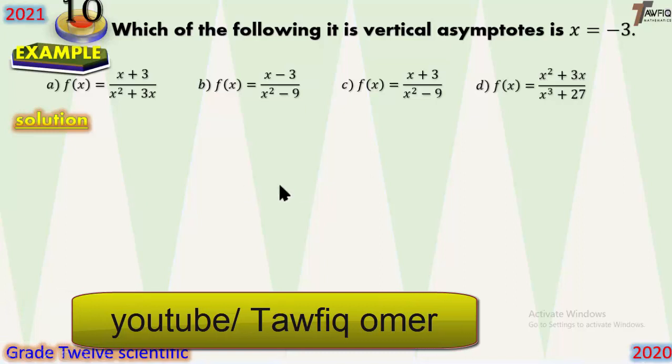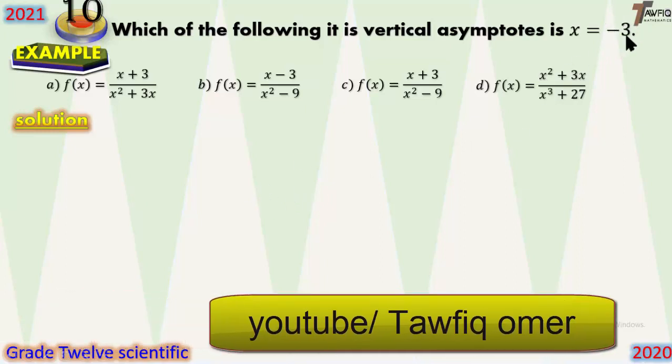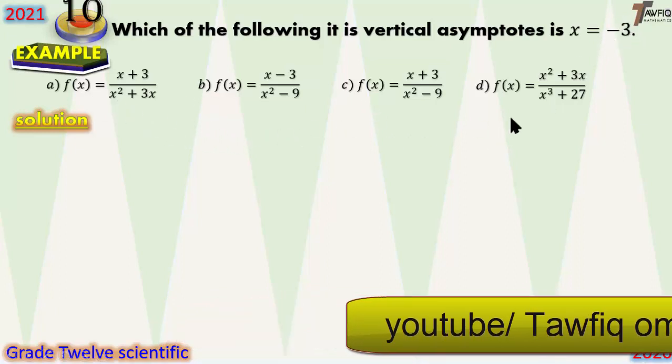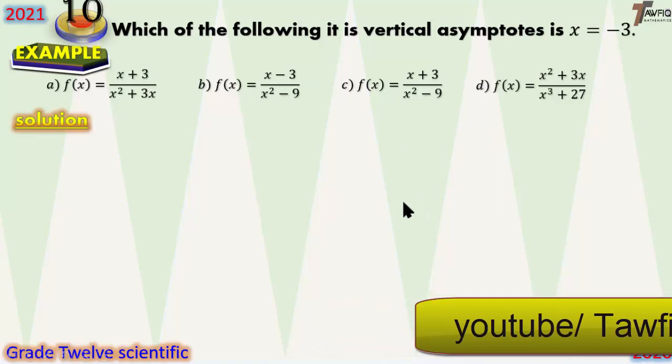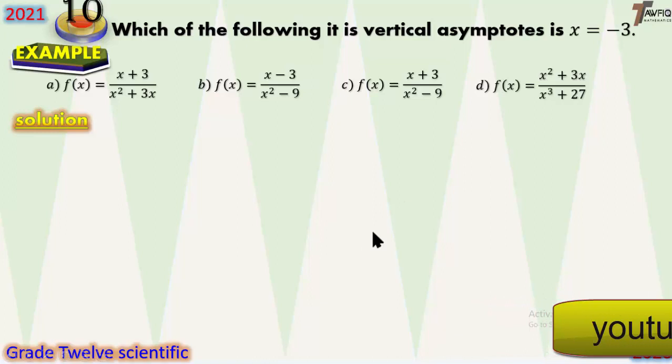But in the first way, you can replace x with minus 3 in each function. If the result is 0 over 0, it is not a vertical asymptote, but if it is a nonzero number over 0, it is a vertical asymptote.